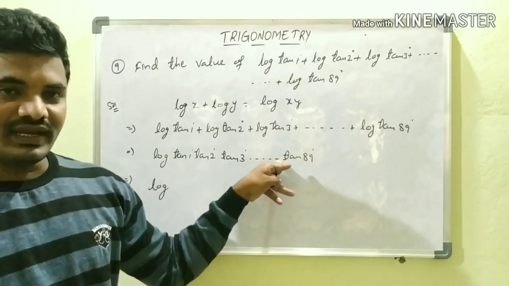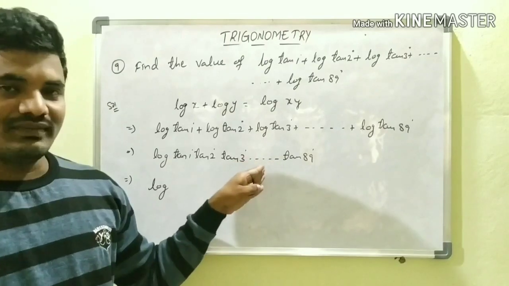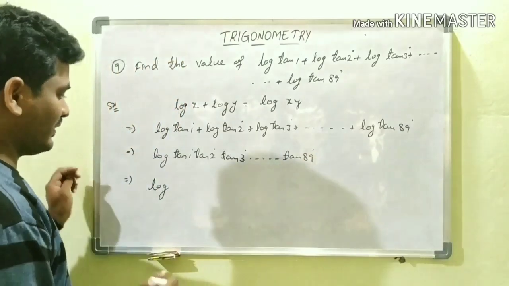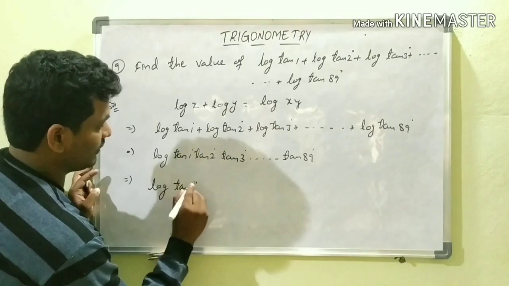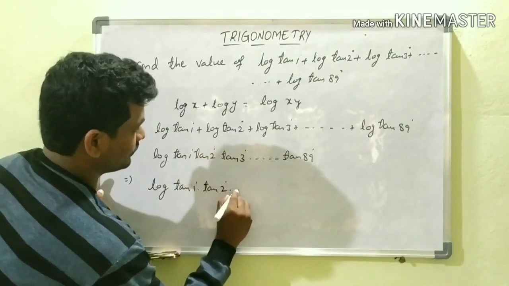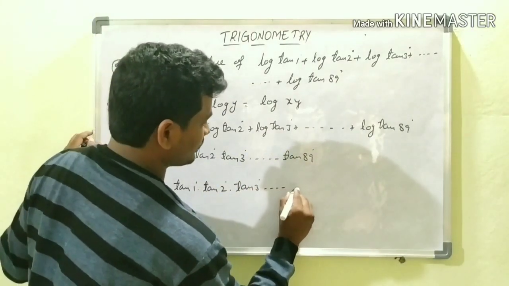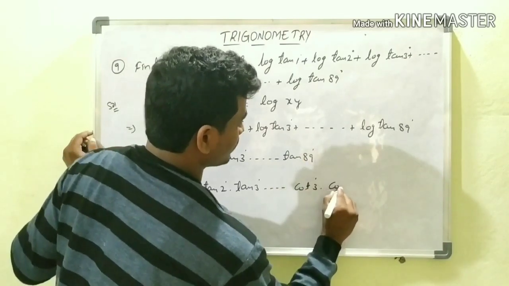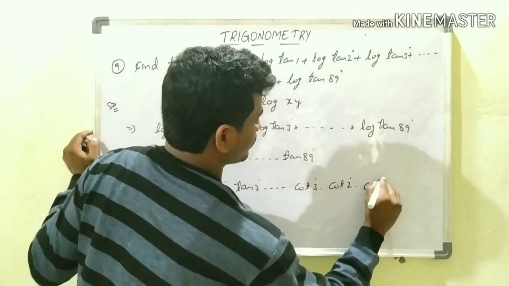Tan 88, its complement is cot 2. Tan 87, its complement is cot 3 degrees. Like I am writing here: tan 1 into tan 2 into tan 3 into and so on, cot 3, cot 2, cot 1 degrees.